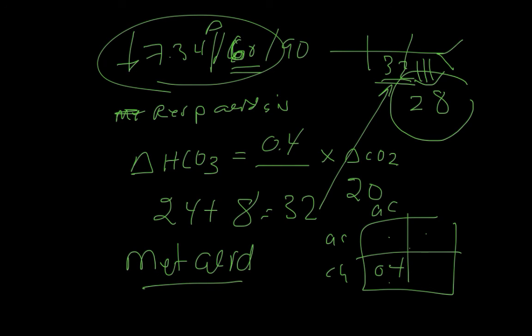While if the bicarb was, let's say, 35, that means the person has retained more bicarb than is predicted by the CO2 change, which means the person has a metabolic alkalosis on top of the respiratory acidosis and on top of appropriate compensation.